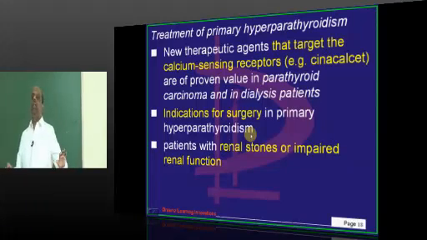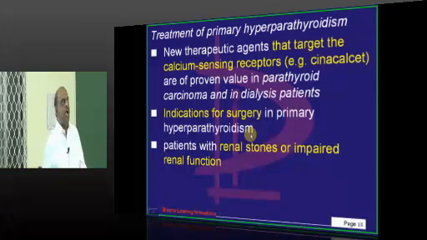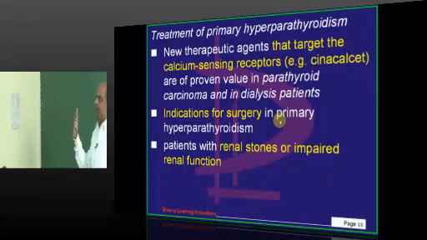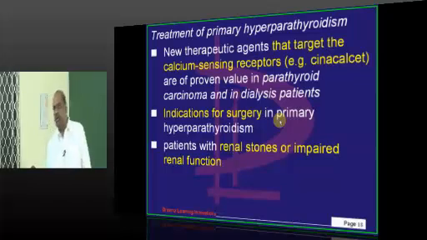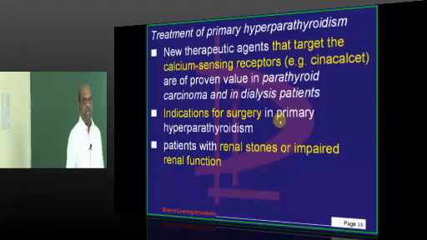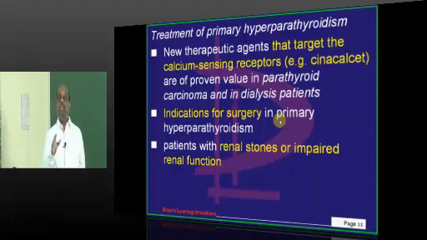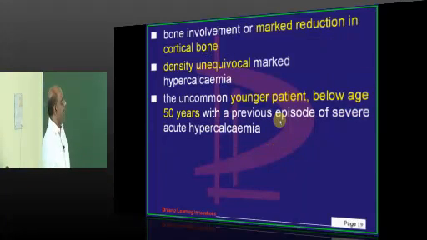Now, a very important point frequently asked in the entrance: what are the indications for surgery in a case of primary hyperparathyroidism? When do you want to put your knife and operate is an important question which you have to be very clear about. If there are renal stones, or if there is impaired renal function, yes, indication for surgery.